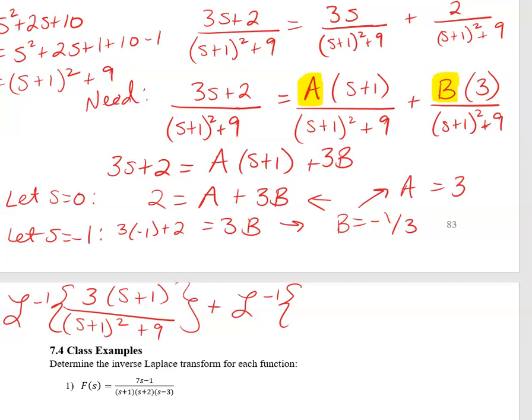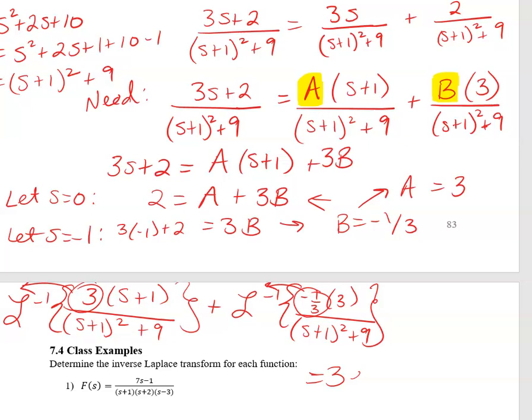So that's going to be -1/3 times 3 over s plus 1 squared plus 9. And remember, this 3 can be moved to the front. It's like a constant multiple. Same thing with this -1/3. So we wind up with 3 times e to the -t cosine of 3t. That's the first expression for here.